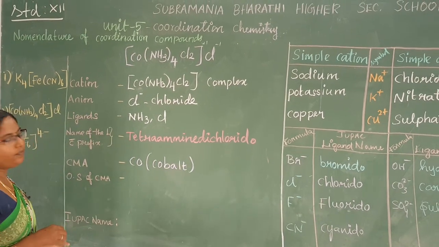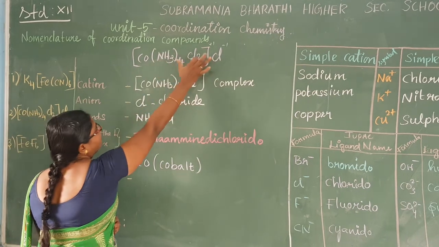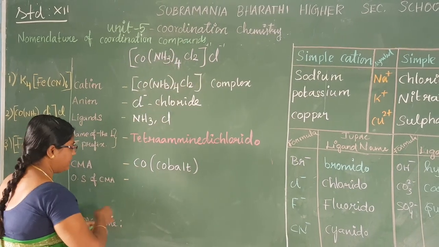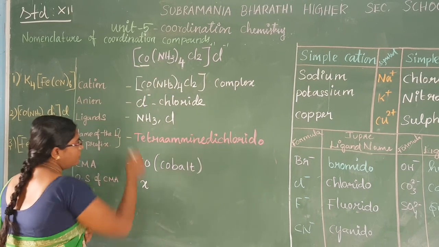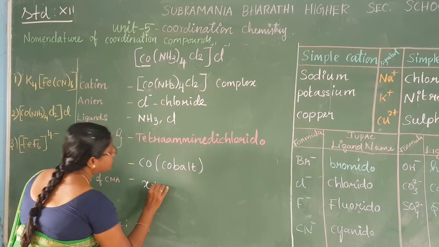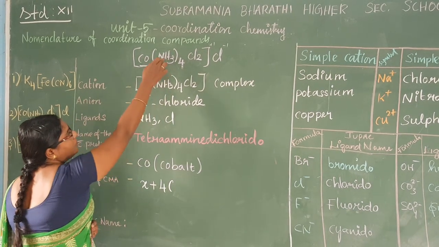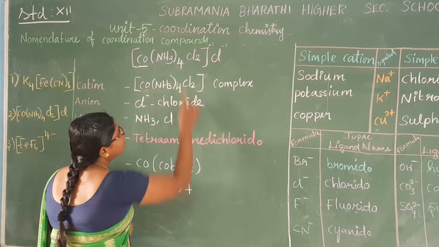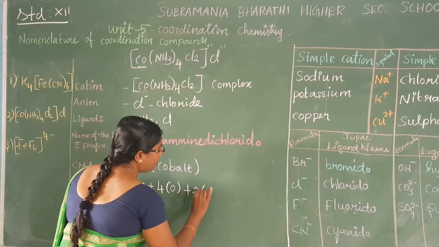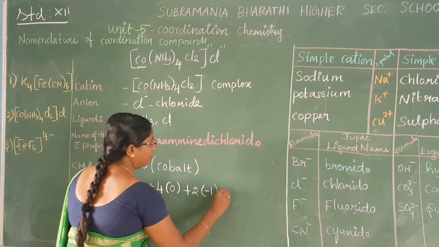Then I have to find out the oxidation state of the central metal atom. So this is our complex. I have to find out the oxidation state for cobalt. So I am keeping this as x plus 4 into the oxidation number of amine, which is 0 because it is a neutral ligand, then plus 2 into the oxidation number of chlorine, which is -1.